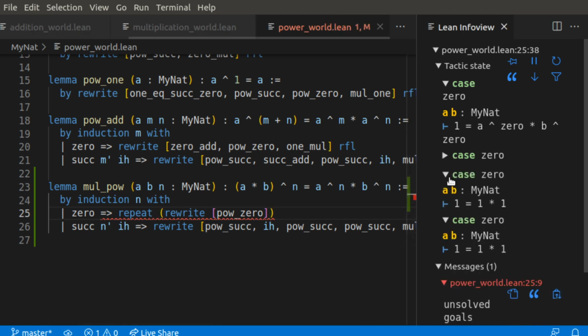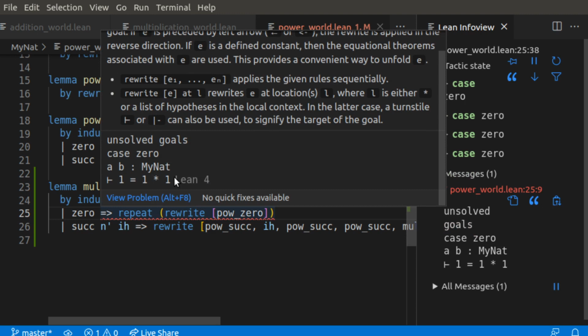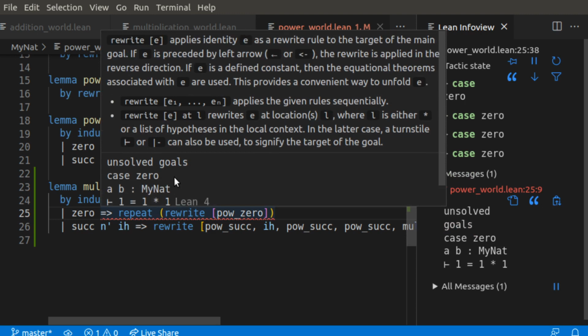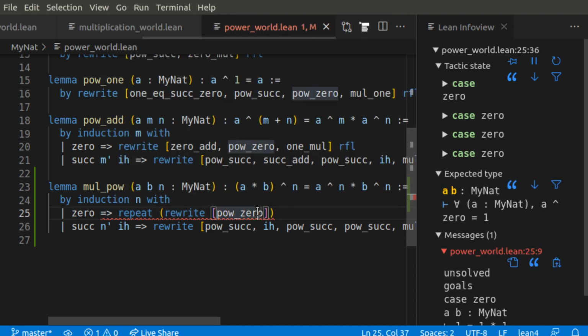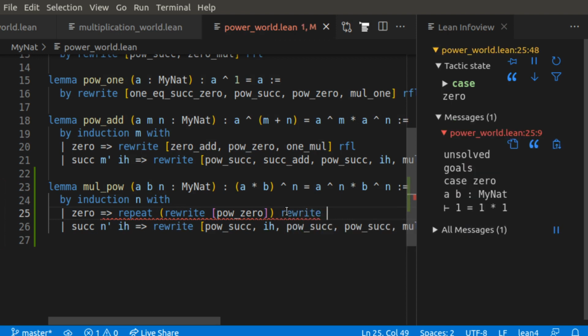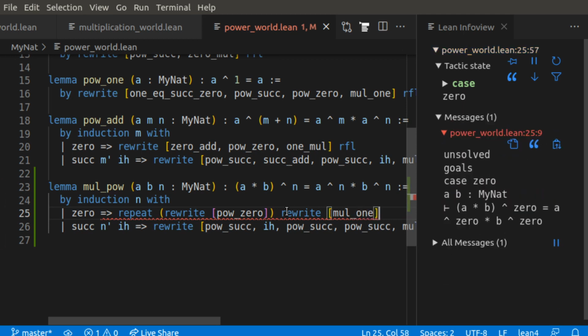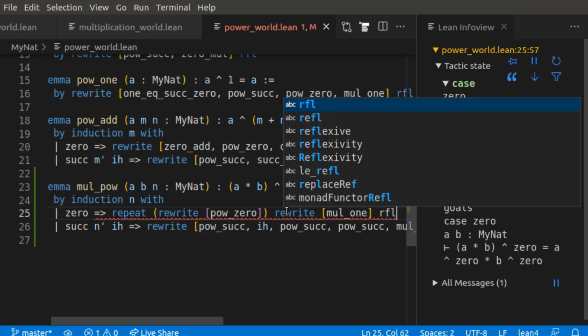Oh, okay, wait. I don't know why I have so many cases. And then can we just do rewrite mol1, ruffle?